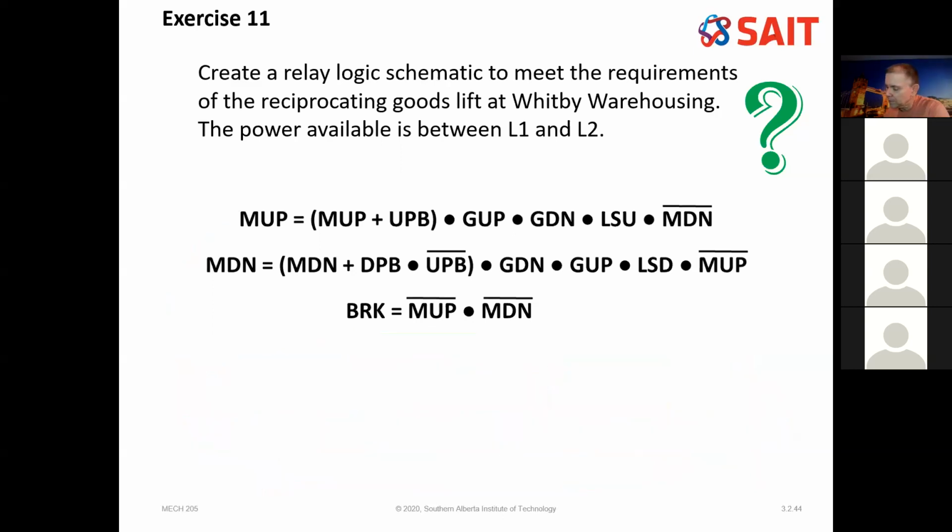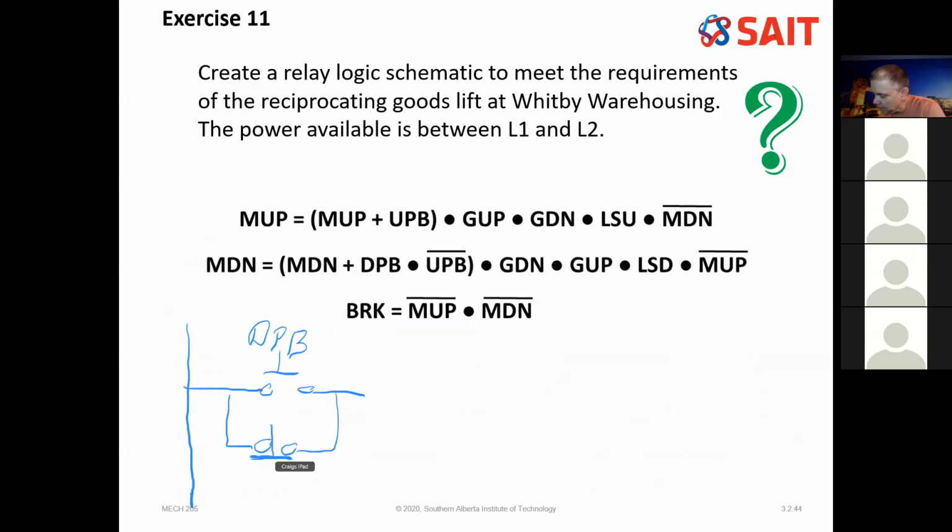Well, the other one is motor down. So motor down, let's try it. It's going to start off with a three-piece thing. It's going to have the down push button, and the not up push button, so I'm going to do a normally closed up push button, ORed with the motor down.